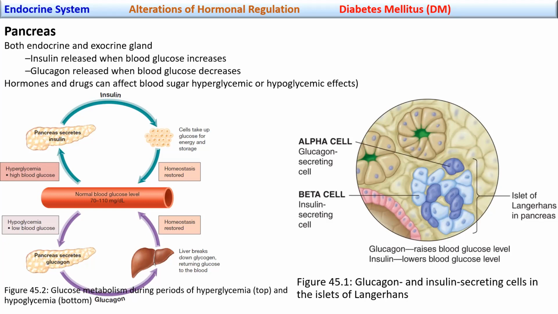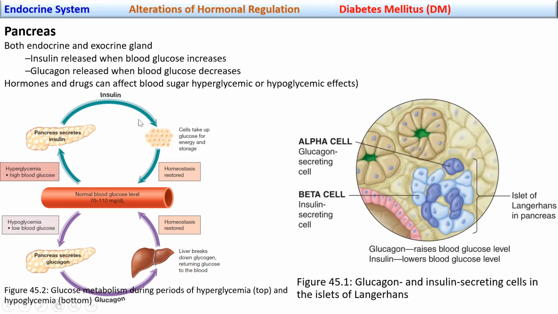We have a normal blood glucose level here, 70 up to 100 milligrams per dL. When there is a high blood glucose level, hyperglycemia, the pancreas secretes insulin, which makes the cells take up the glucose for energy and storage.